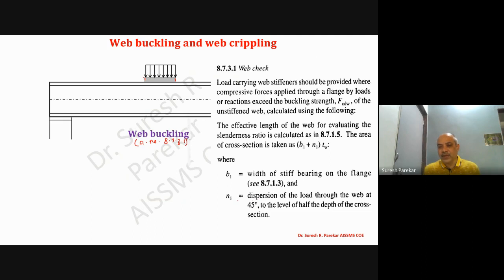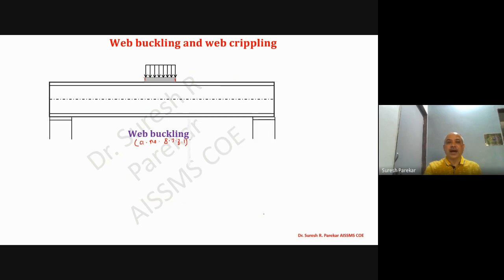Here you can see N1, the dispersion of the load through the web at 45 degrees to the level of half the depth of the cross section. So you can see this half the depth of the cross section. What will be the angle? 45 degrees. So we are going to get this as B1 plus 2N1. This also you have to write down over here, and then we have this dimension as B1.